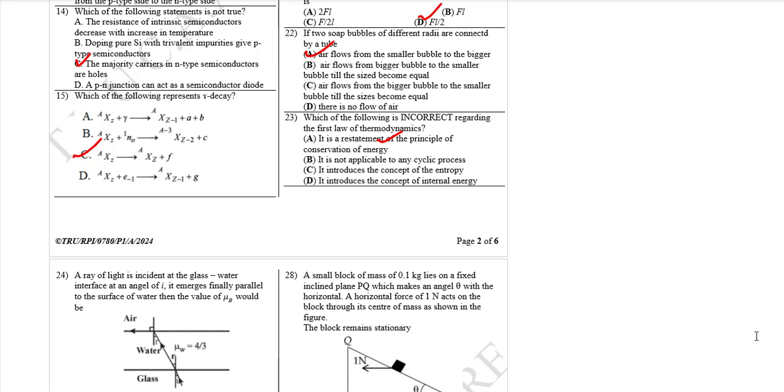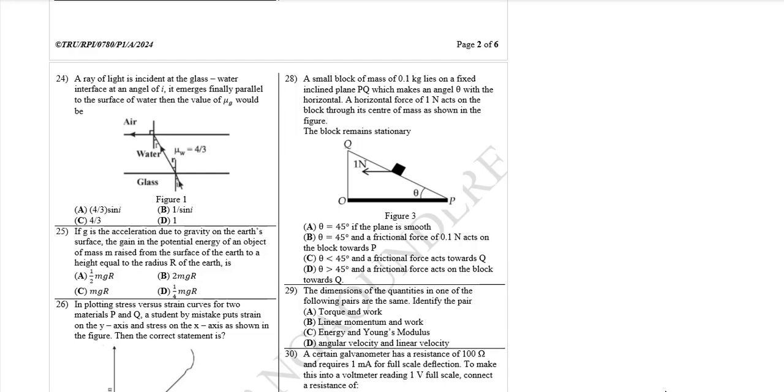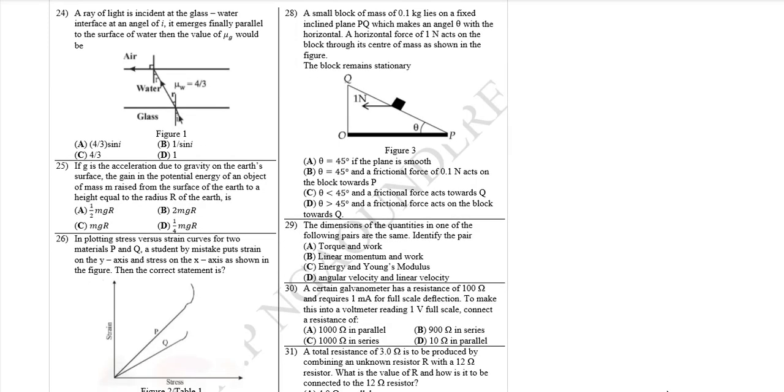That's true. C says it introduces the concept of entropy. That's wrong. Entropy is the second law of thermodynamics, and it is the degree of disorder in a given system. So that is wrong. They say which of them is not correct, so it's C. C is not correct.